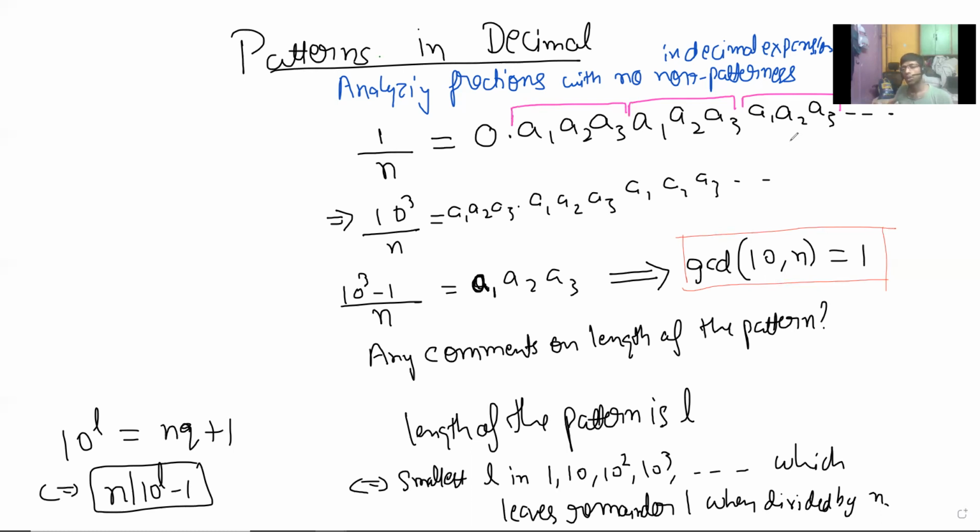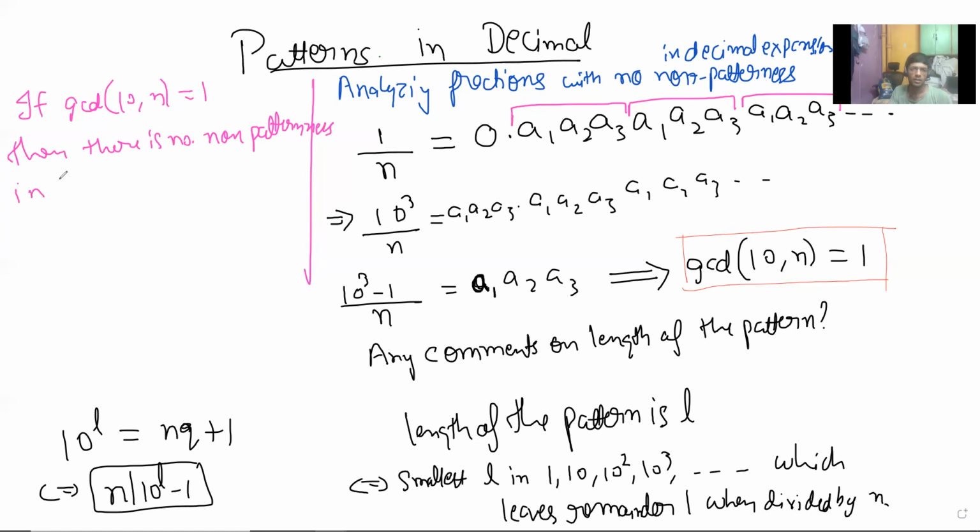Now we want to say the converse, that is, if the GCD of 10 and n is 1, then there is no non-patternness in the beginning, meaning that there is a pattern right from the start. This is the other direction.